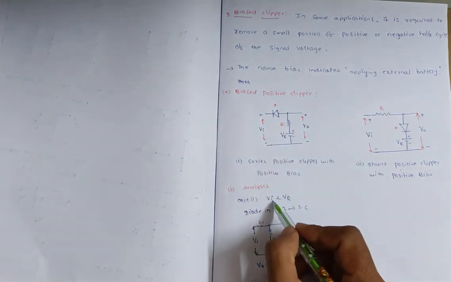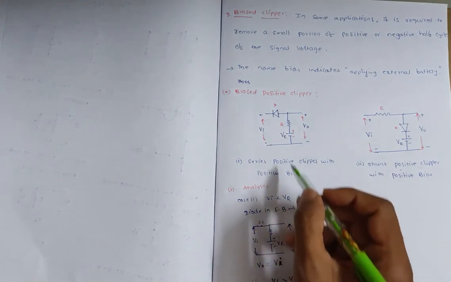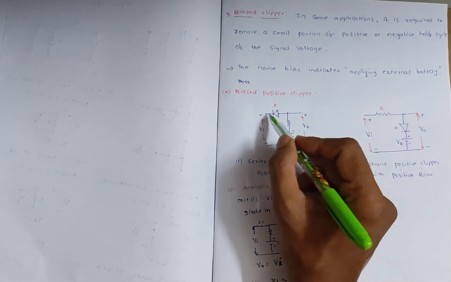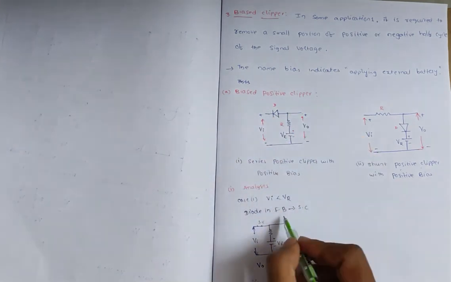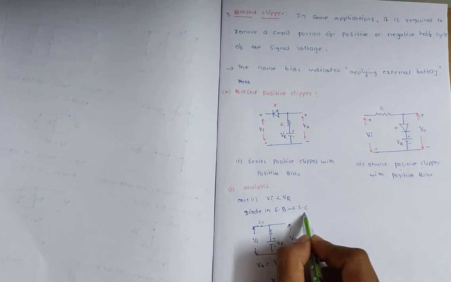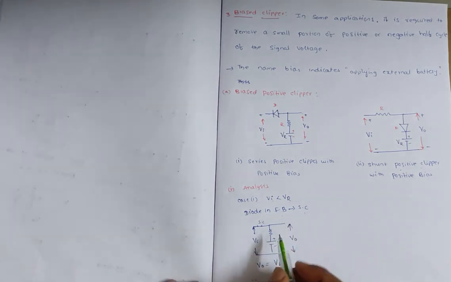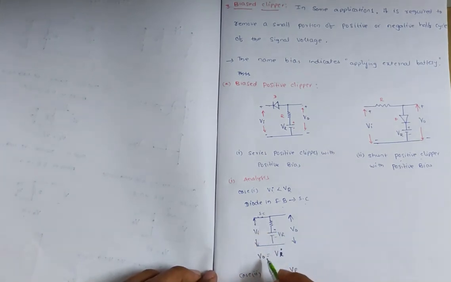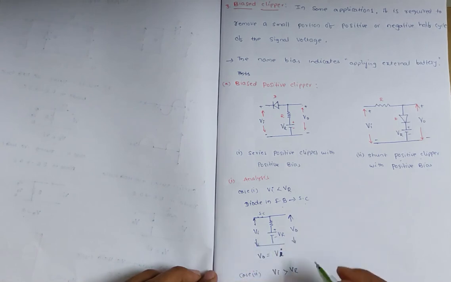Here Vi is small compared to VR, so the anode potential is more compared to the cathode potential. The diode is in forward bias. When it is in forward bias, it acts as a short circuit. Then we can draw the equivalent circuit like this. So from this circuit diagram, we can write output voltage V0 equals Vi.